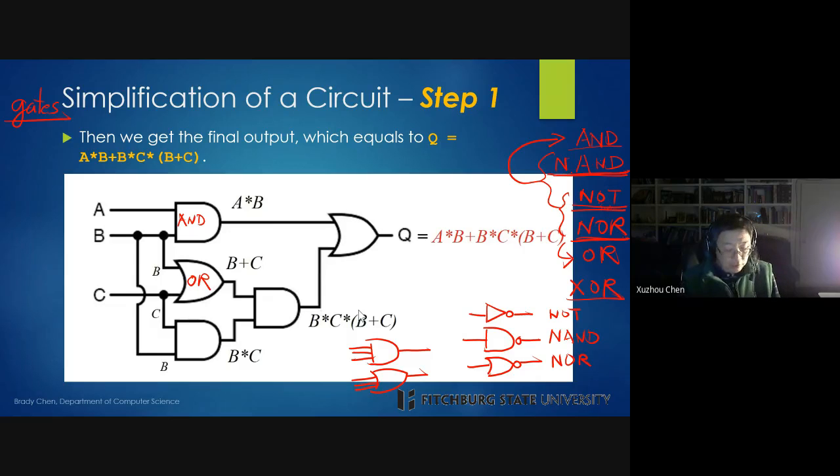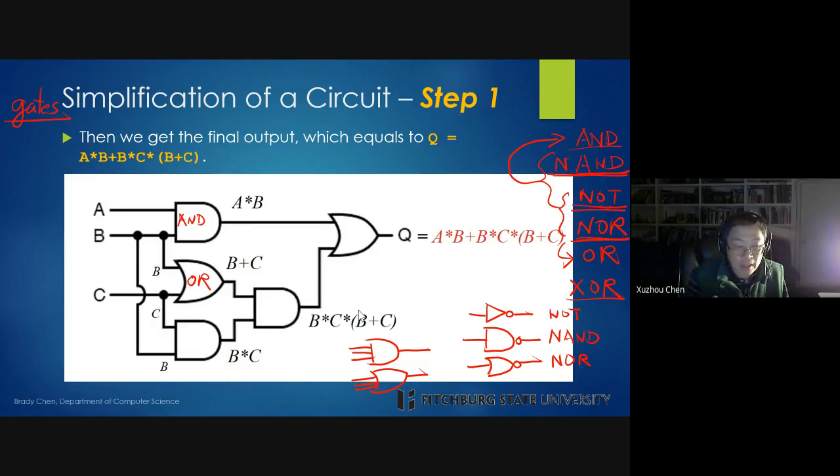So in order to simplify electronic circuits, typically the way we can do it is, first, we convert the electronic circuit into a logical or Boolean expression, and then we use all these identities, the tables we just showed, like the associative law and distributive law and the various other laws to simplify these Boolean expressions.